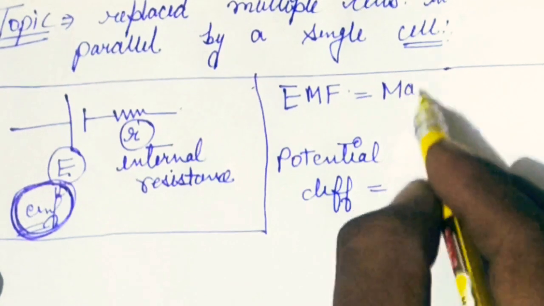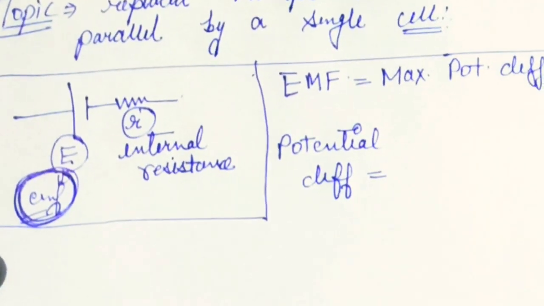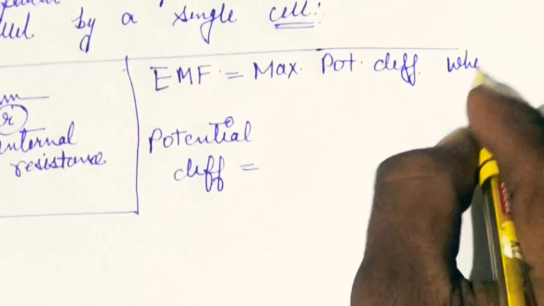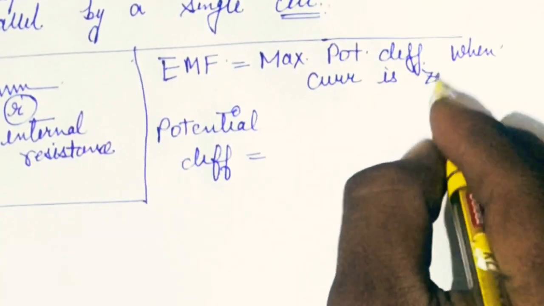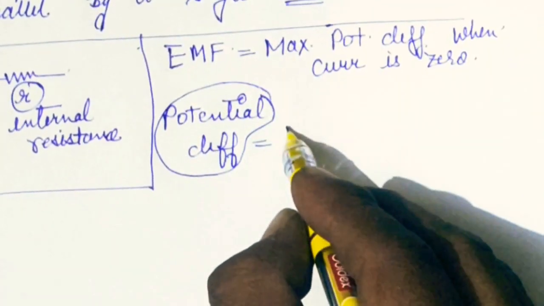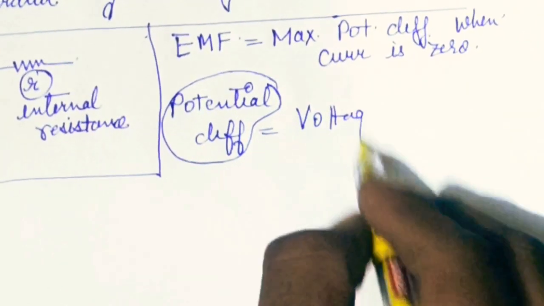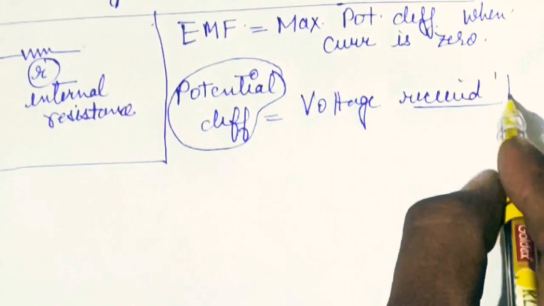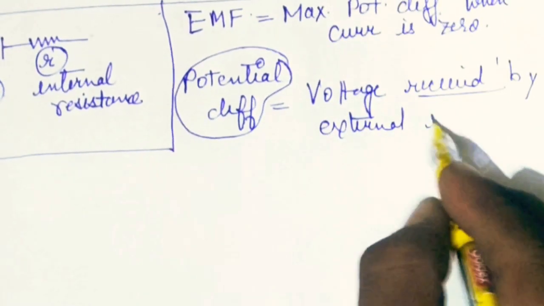EMF is the maximum potential difference when current is zero. That is when the cell is open. And potential difference is equal to the voltage received by external resistance.